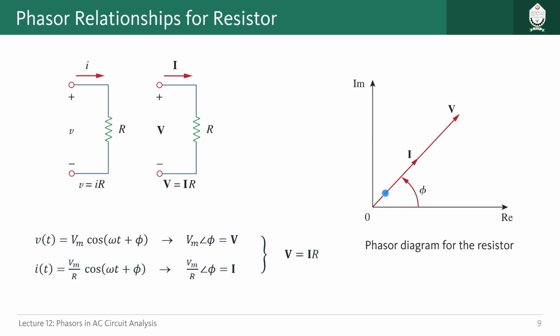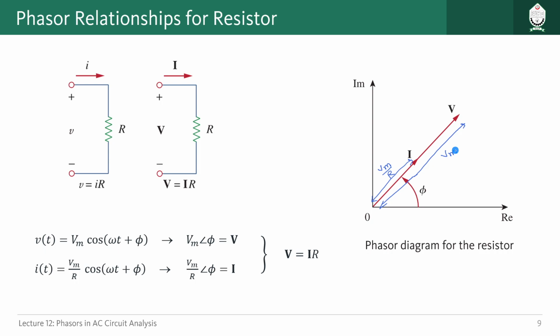That's why it is in the same direction but with a different amplitude, Vm by R, right? So this length here is actually Vm divided by R, and this length here is actually Vm. So their amplitude is different, but they have the same phase.